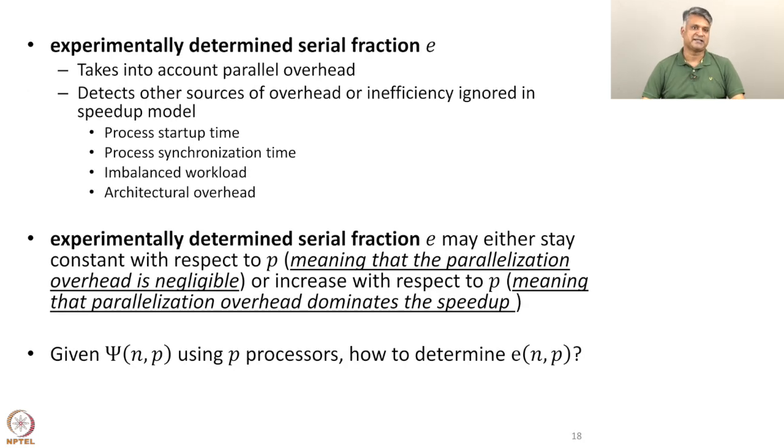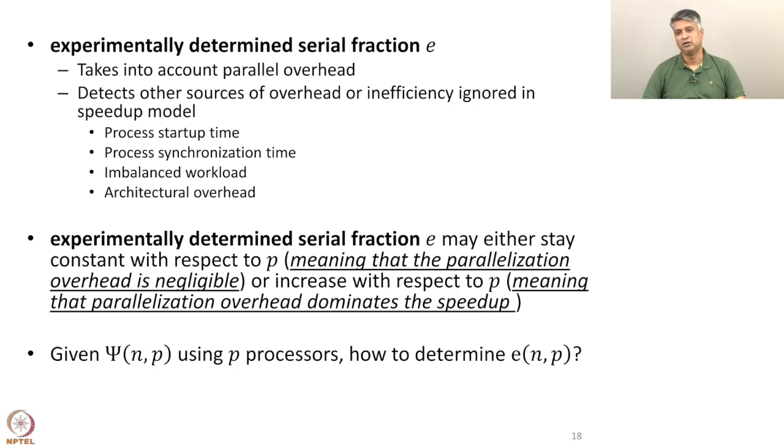So, what does the experimentally determined serial fraction E take into account? It takes into account the parallel overhead. It also detects all other sources of overheads and inefficiency which have been ignored in Amdahl's law and Gustafson-Barsis law. This includes the process startup time and the process synchronization time. Let's say that we have an imbalanced workload, because we assumed that the problem was perfectly divisible, and also the architectural overhead.